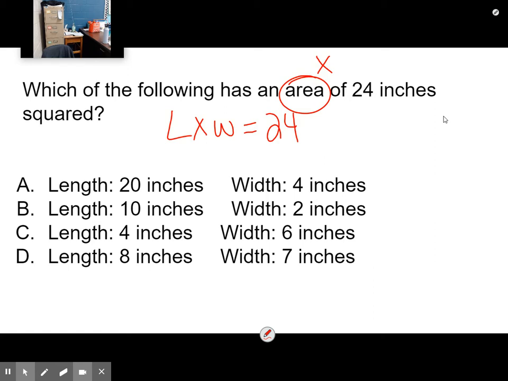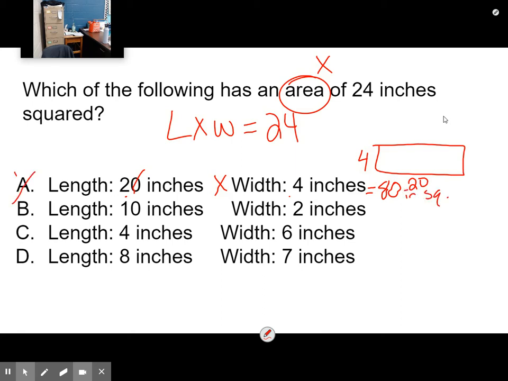Let's try letter A. A has a length of 20 and a width of 4. So I need to do 20 times 4. Well, 2 times 4 is 8, and I'm going to tack on a 0 since it's a multiple of 10. But, ooh, that's going to be 80 inches squared.